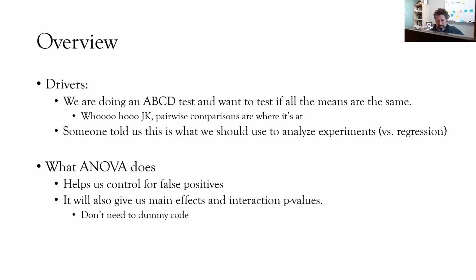In an A, B, C, D, we could theoretically compare A to B, A to C, A to D, B to C, B to D, C to D, and do all those comparisons. In that case, where we have 4 or more groups, we have to start being stricter with ourselves in terms of the p-value.